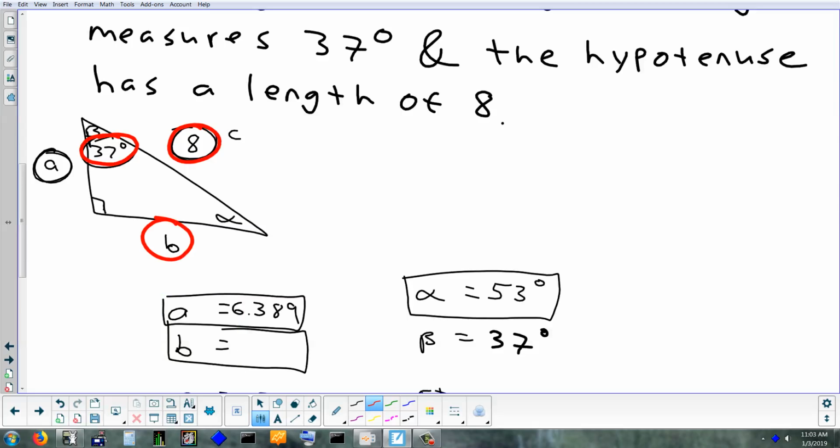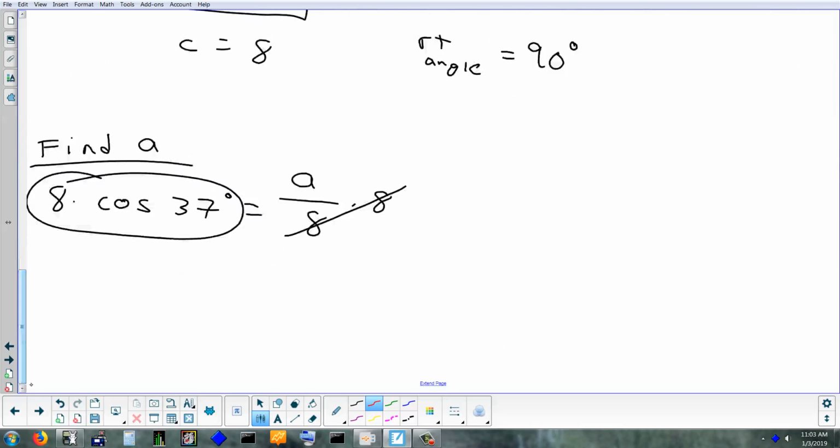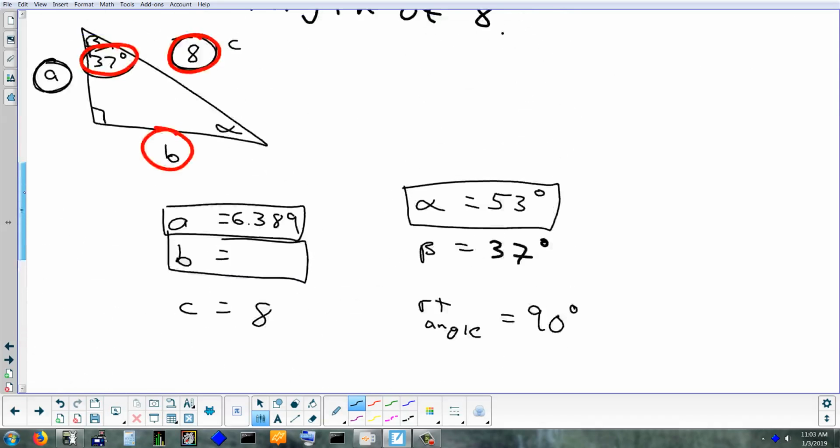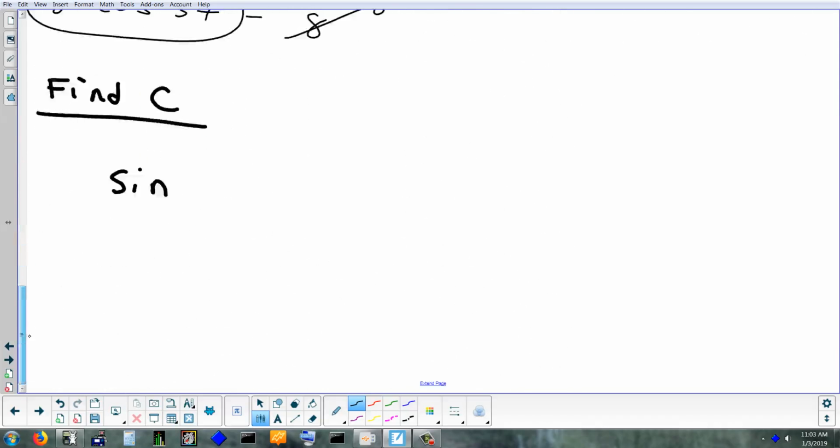Well, it's not cosine. I already did that one. Sine is opposite over hypotenuse. So let's find B. We're going to take the sine of, and Kaya, what's my angle? 37 degrees. Yep, 37 degrees.